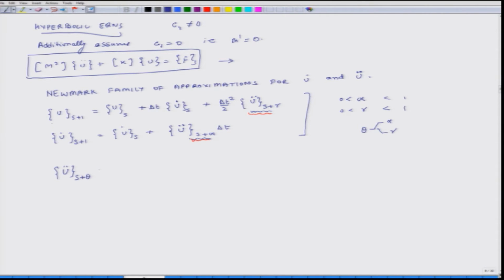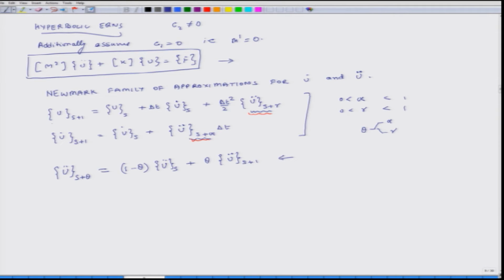So, u double dot at s plus theta equals (1 minus theta) times u double dot at s plus theta times u double dot at s plus 1.